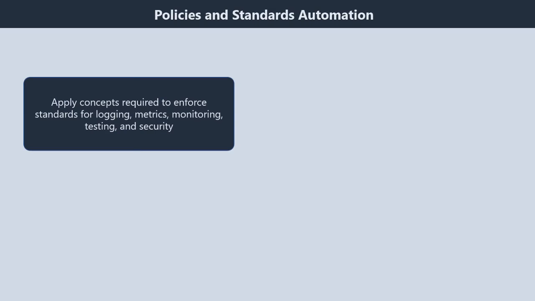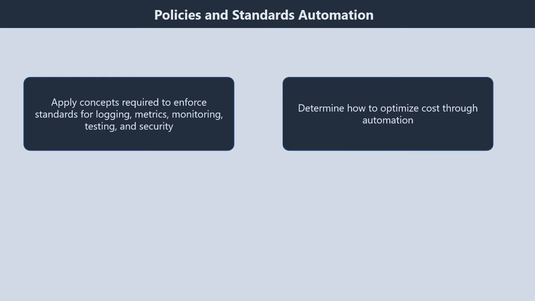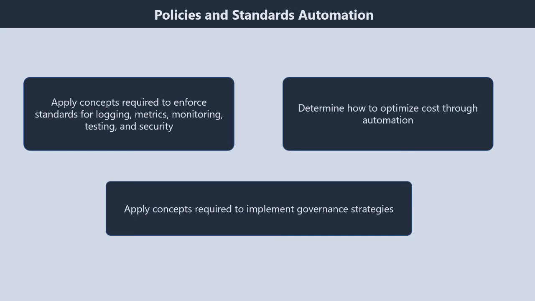Domain 4, policies and standards automation, 10%. It contains 3 subtopics which are: first, apply concepts required to enforce standards for logging, metrics, monitoring, testing, and security. Second, determine how to optimize costs through automation. Third, apply concepts required to implement governance strategies.